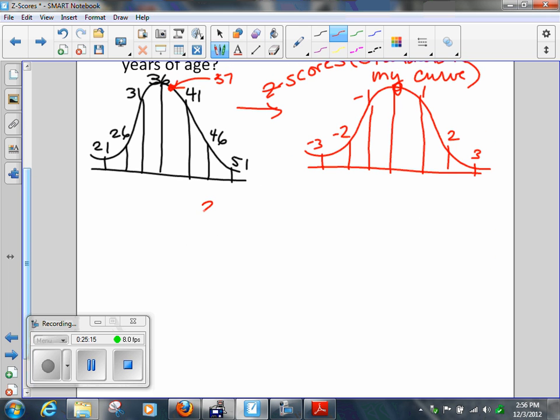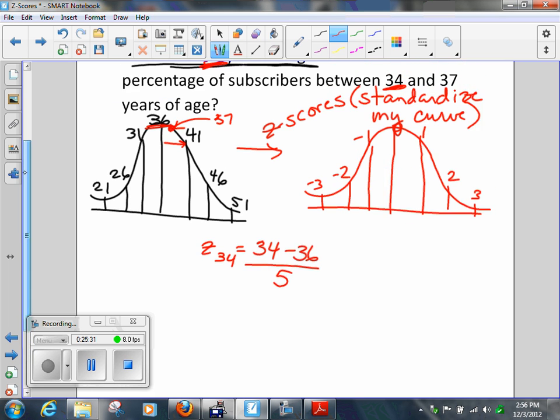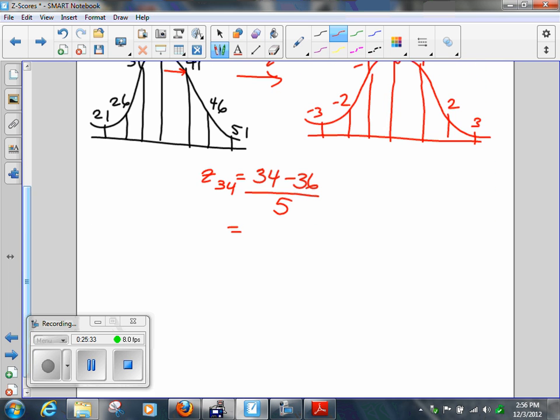So I want to find my z for 34, which is 34 minus the mean, which was 36. I'm getting that straight from my graph. Standard deviation was 5. That was given. That gives you -2/5, which is -0.4.